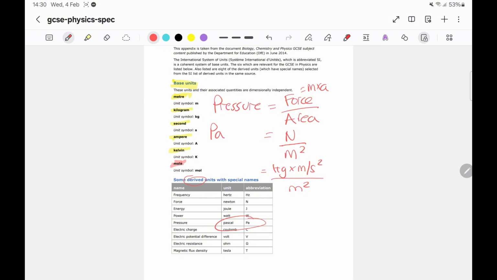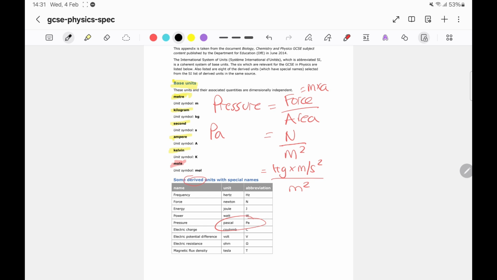Okay. Now, this is where it is important for us to remember some facts about multiplying and dividing by units with powers. So remember, for example, if I have a to the power of 3 divided by a to the power of 2, the answer is a to the power of 3 minus 2, which is 1, which is just a.